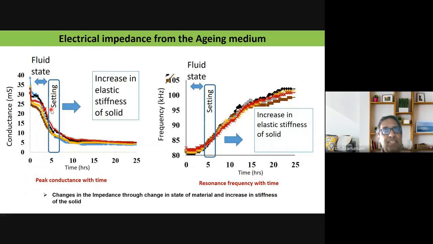This is where the transformation is happening. It is slowly transforming into a solid, and by about 7-8 hours, the transformation is complete, and it starts as a very soft solid, which slowly gains in stiffness. As the stiffness is increasing, you can see that there is a continuous decrease in conductance, and a continuous increase in frequency.